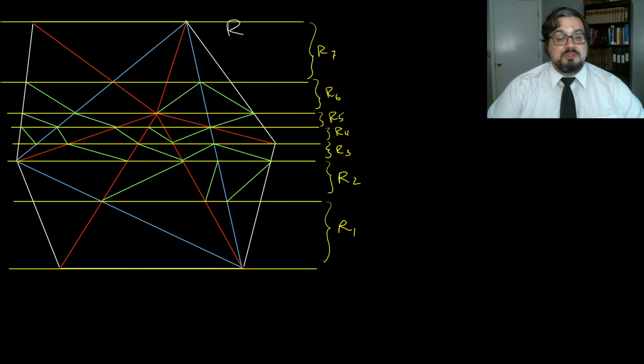And each one of those strips is broken up into a bunch of triangles. And so what we have is a great big triangularization of the whole region R. And what we have to do in order to show that the area function is well defined is basically to show that it's well defined on each of these strips.